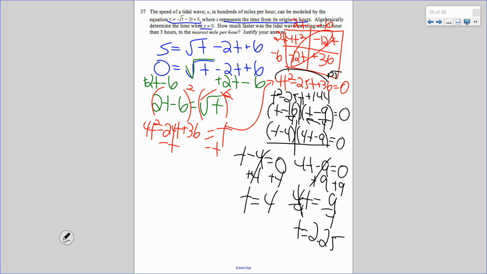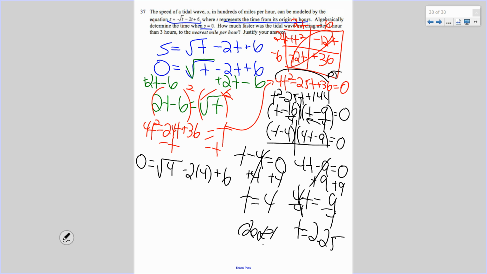Now, that's great and all, but in a radical equation, I must check. So I'm going to go back to the original, and I'm going to check each of those. So I'm going to do, not s equals, excuse me, 0 equals radical 4 minus 2 times 4 plus 6.